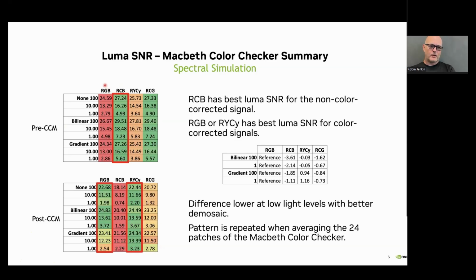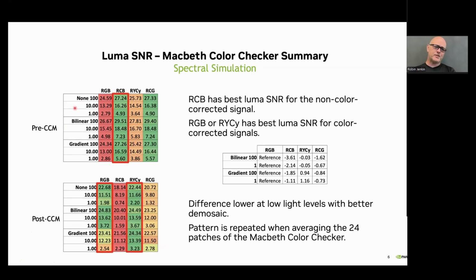So here we have luma SNR in decibels for the RGB, the RCB, the RYCY, and the RCG pre-CCM. And down this side, we have the demosaic, so no demosaic, bilinear demosaic, and a gradient edge-aware demosaic, and then light level, 100 lux, 10 lux, 1 lux.